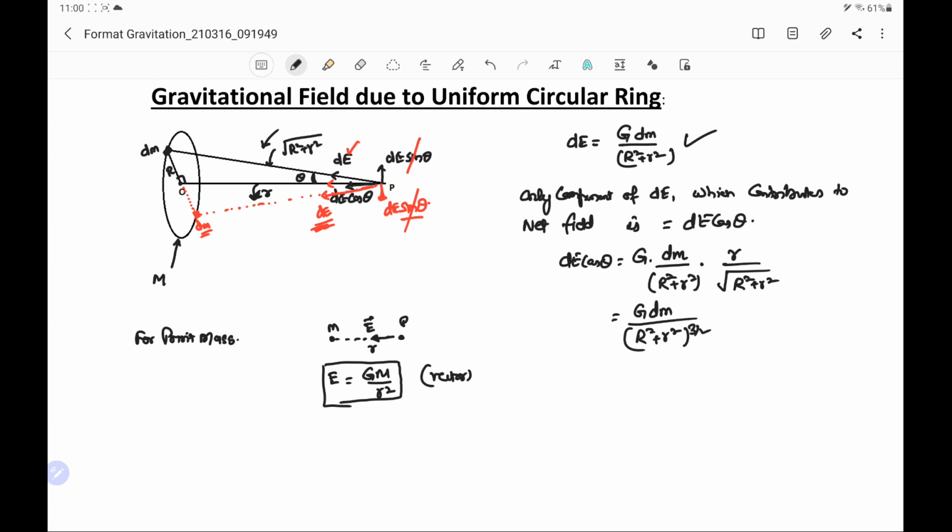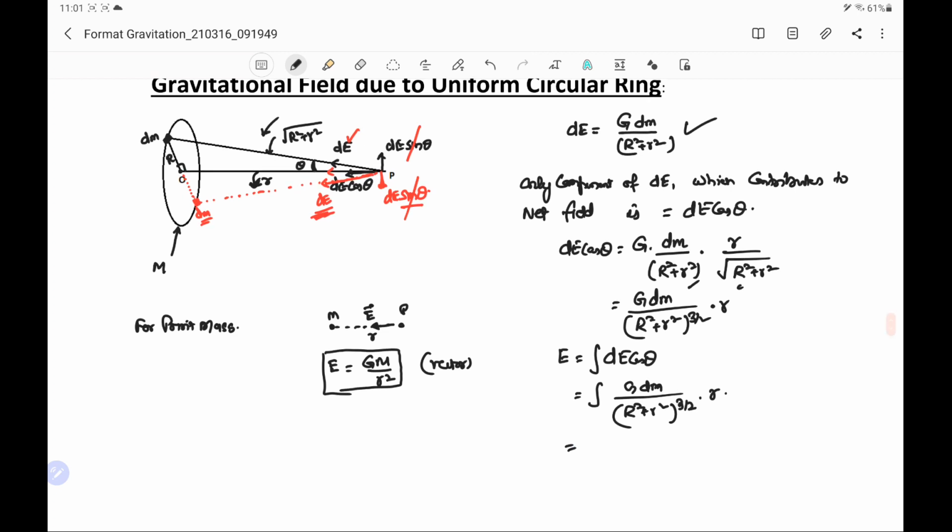We combine these two terms, and the remaining is r. The net field will be the integration of dE cos theta, which will be equal to the integration of G dm by R square plus r square whole raised to power 3 by 2 into r.